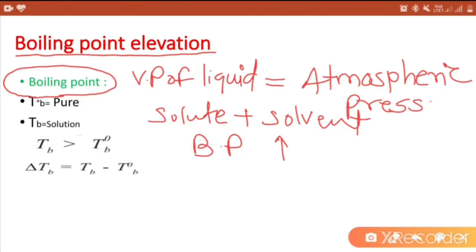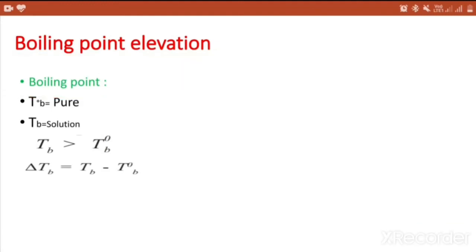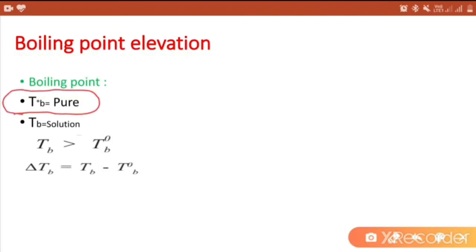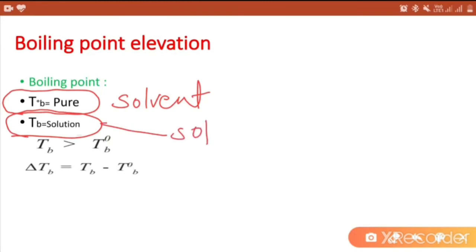Here capital T⁰b is the temperature of pure solvent, and capital T is the temperature of solution.